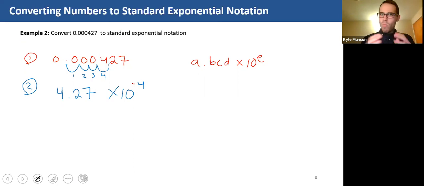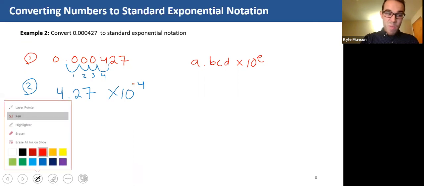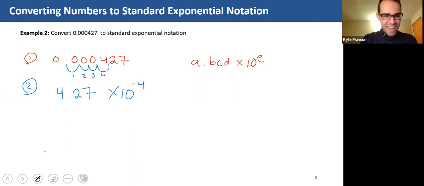And one last thing you could do to check, if what I was saying there doesn't make sense or if it's a little confusing, maybe what I'm about to say is more confusing, but I think it's how your textbook describes it: this number here, 4.27, the number we end up with, is greater than the number we started with, 0.000427, all right?